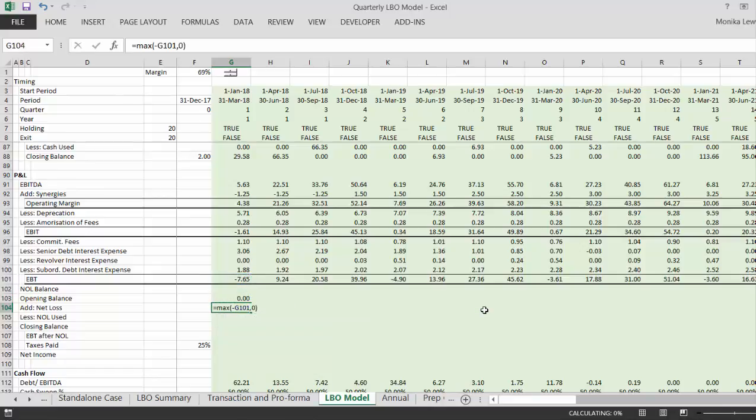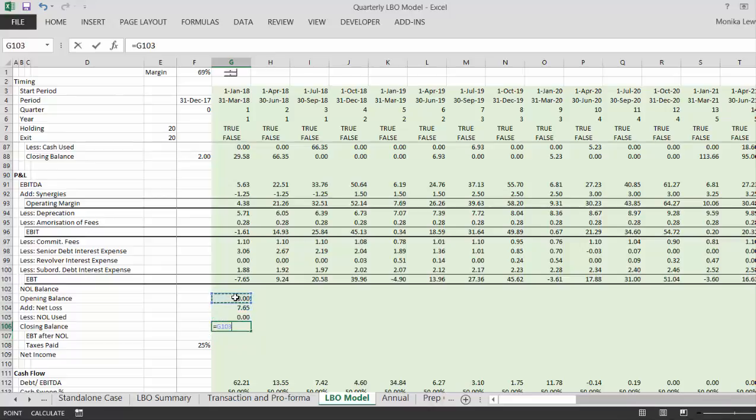And then you put another maximum, this time, if it's positive, put it 0, and then you use the opening balance. That's always our rule. So you cap it at the opening balance. And then you put the closing balance.